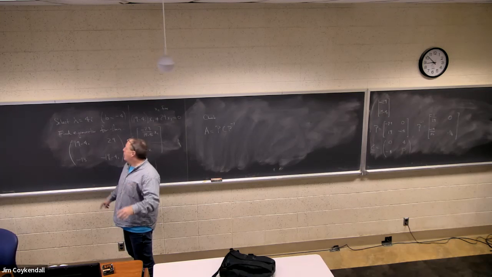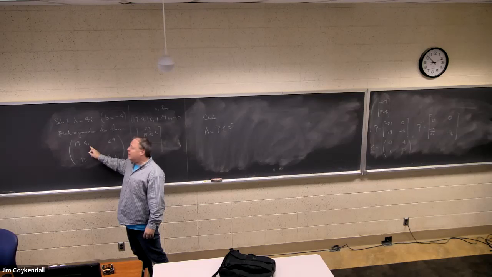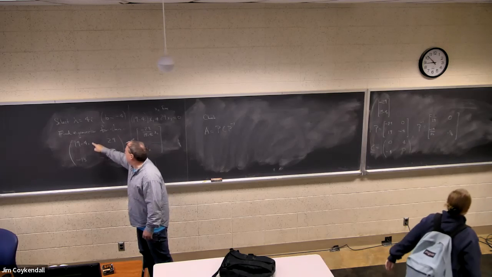The reason I know this is because it's only 2 by 2, and I know this is a legit eigenvalue. That means the null space is not trivial, which forces this row to be a multiple of the other one. For example, to get this to match up, multiply this by 19 minus 4i over 29 and add it here, and you get the same thing.